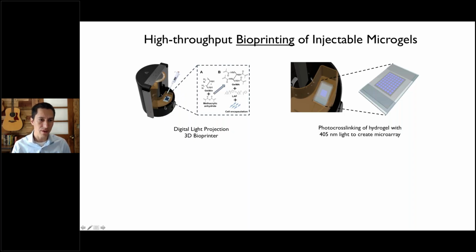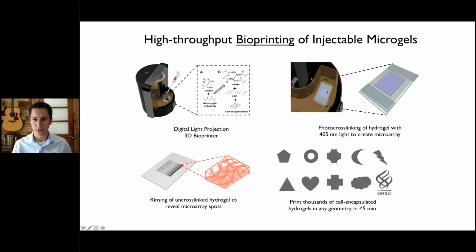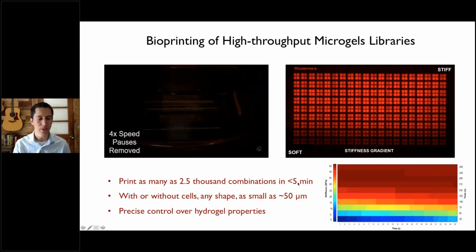We loaded the vat of this 3D printer with methacrylated gelatin hydrogel encapsulated with mesenchymal stem cells. We exposed these to that digital photomasking process, and that allows us to 3D print a variety of different types of shapes and sizes, and that happens fairly quickly.